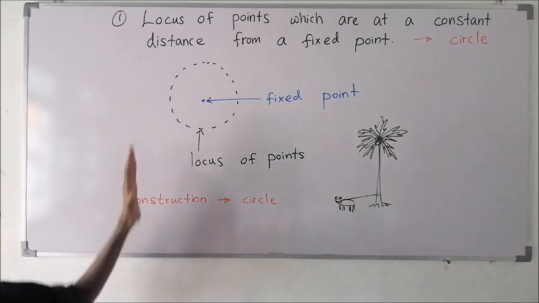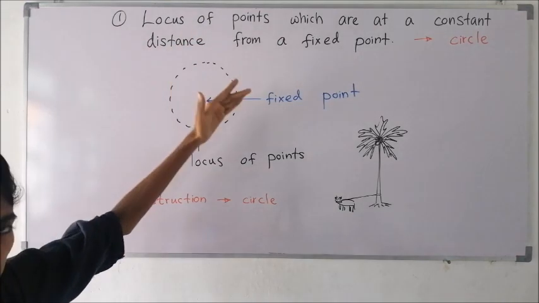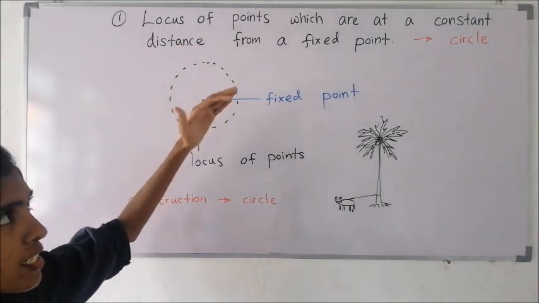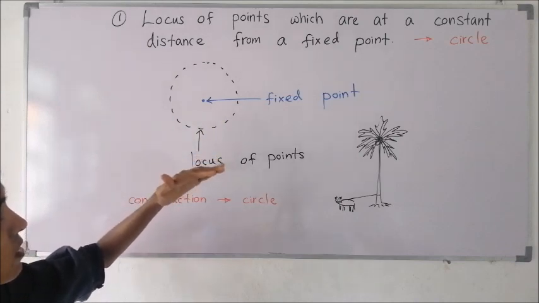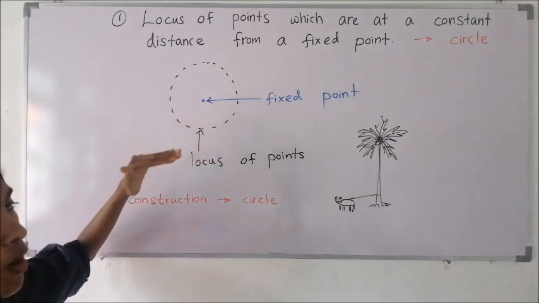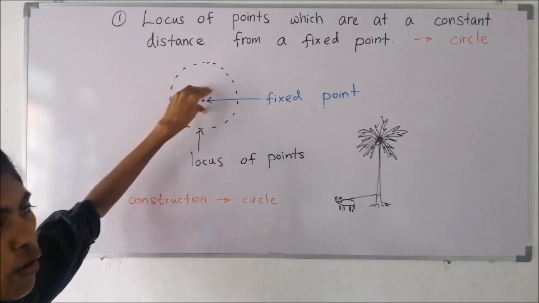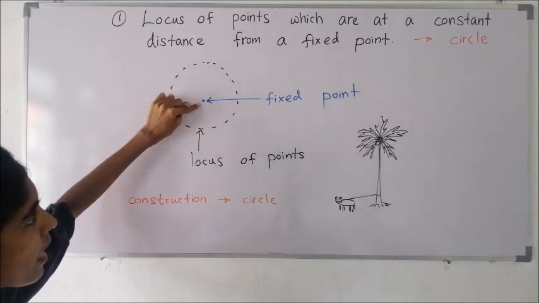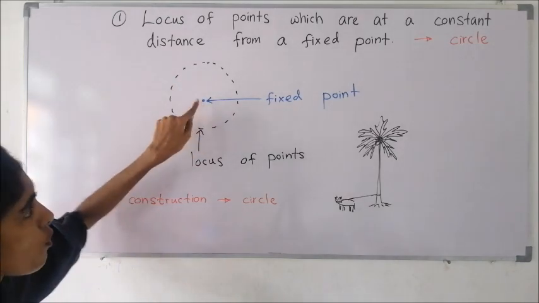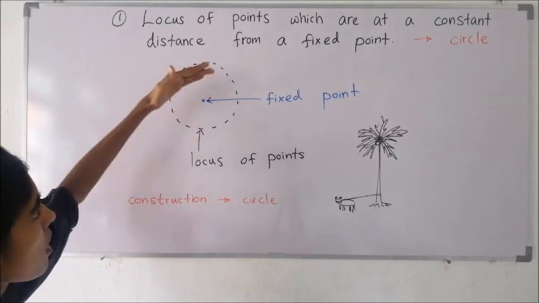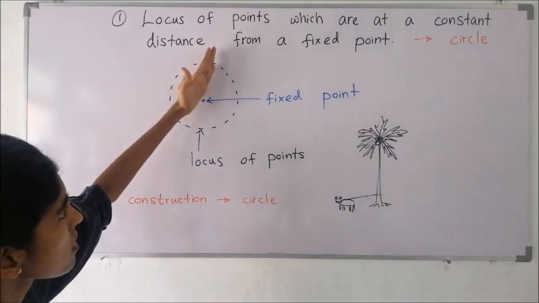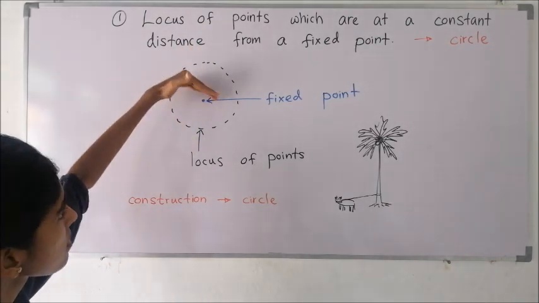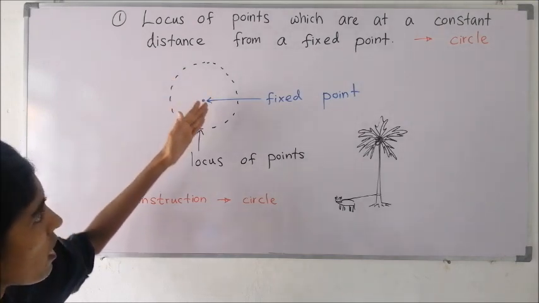Okay, again we will see the path of some points which are located at a constant distance, from where? From a fixed point. Here I have given you a fixed point. From this fixed point, we have taken a constant distance. Just think that this is every time 5 centimeters.